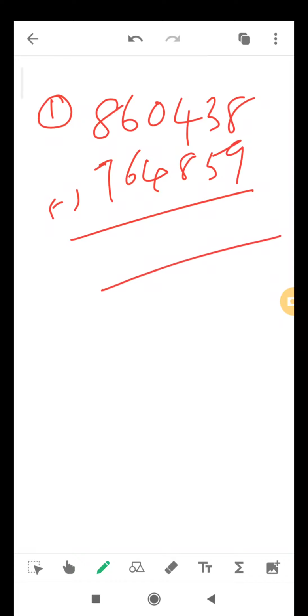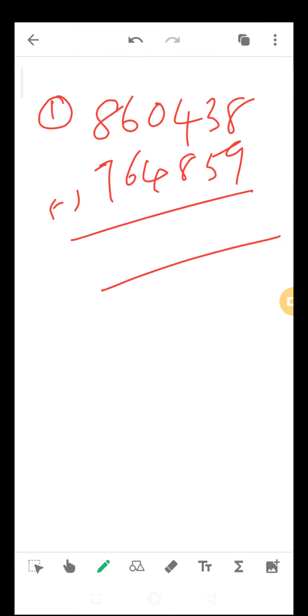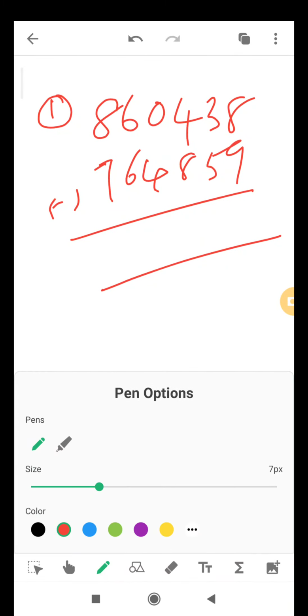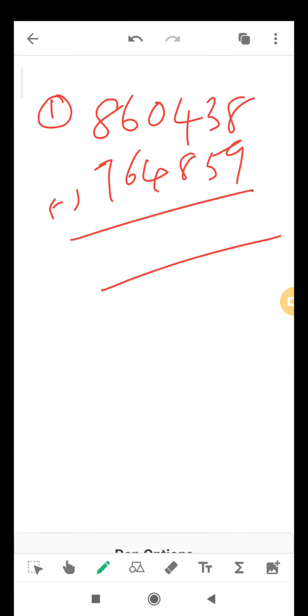Now see 8, this will become how much? 18. This will become how much? 2. From 18 subtract 9, so 9 will remain.